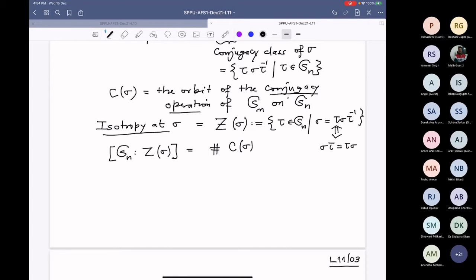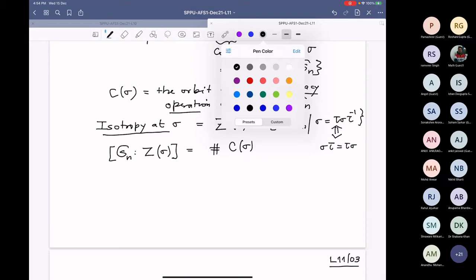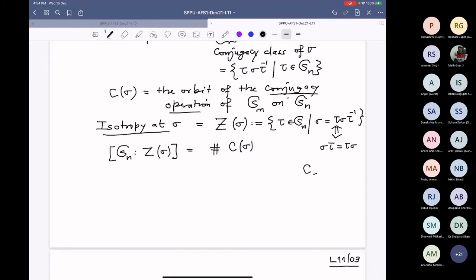And strictly speaking, I wanted also to write S_n with suffix sigma. But these I have abbreviated by C sigma, because there are two groups now I don't want to mix up. So then I will write more precisely. So our problem is to compute this. Therefore, we will compute this.